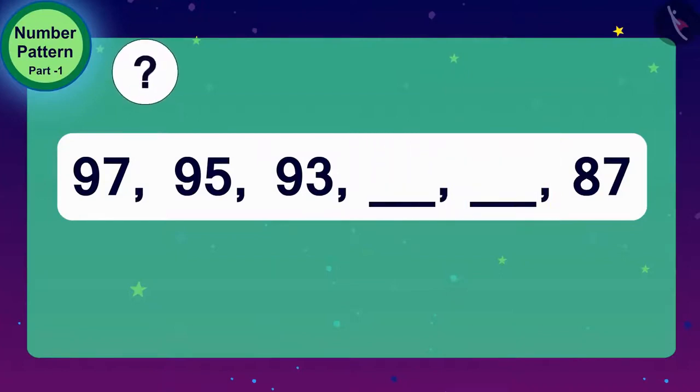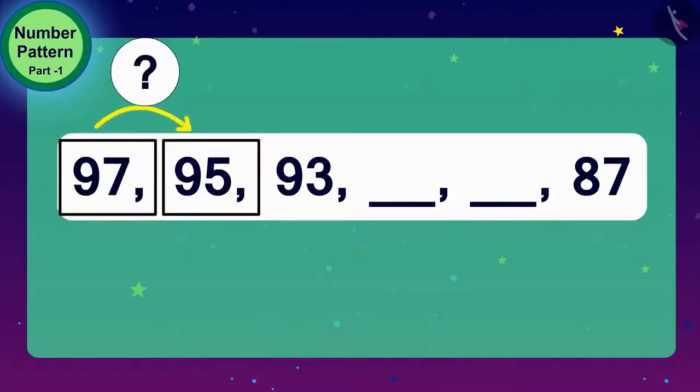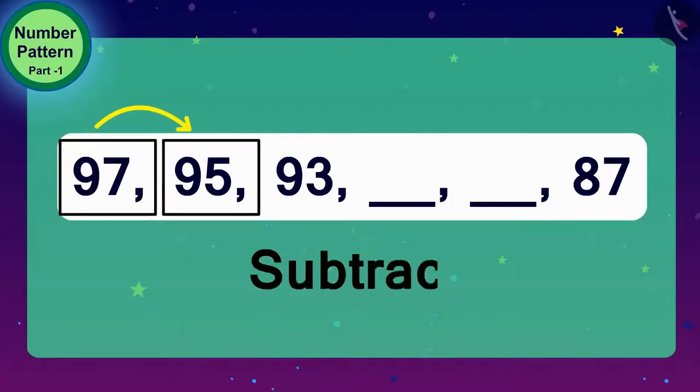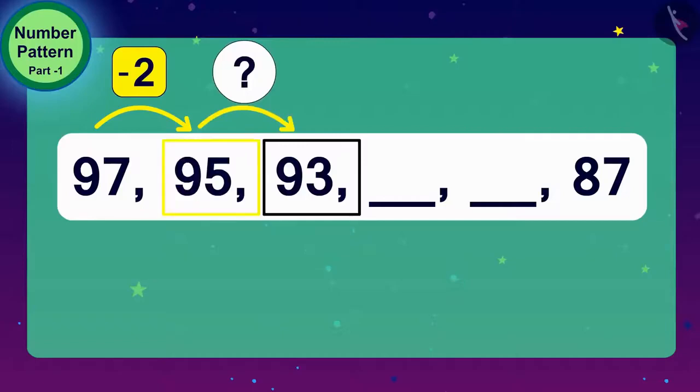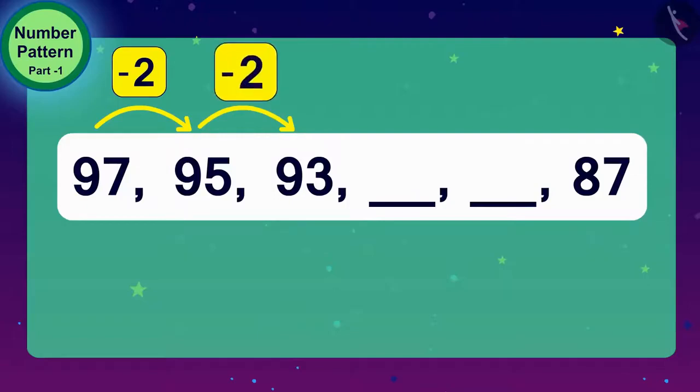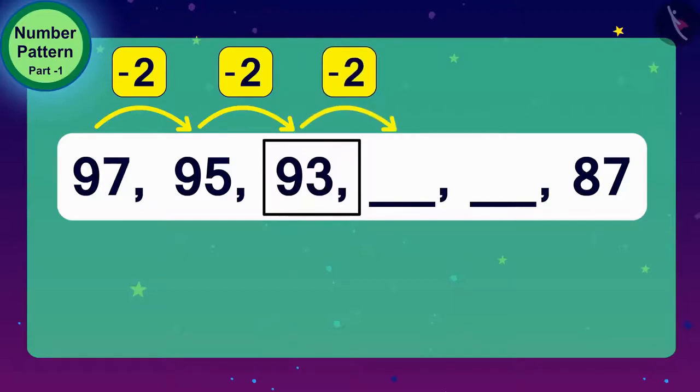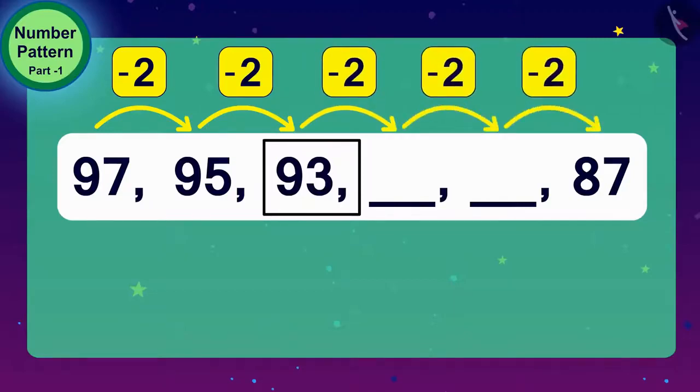What do we have to do to get the 95 from 97 here? Yes, we have to subtract 2 from 97. And what to do to get 93 from 95? Exactly. Once again, subtract 2. So, to get the next number in this number pattern, we need to subtract 2 from the number before it.